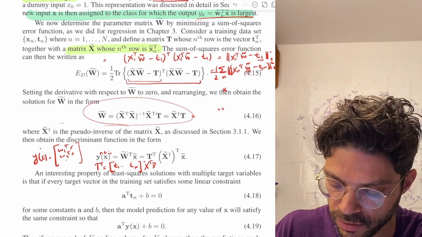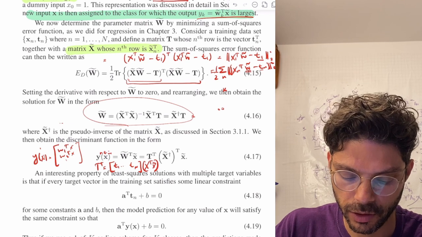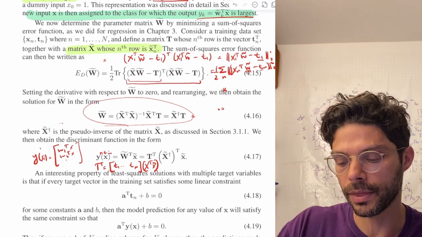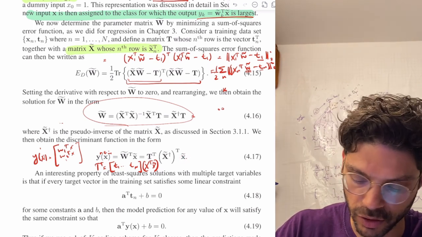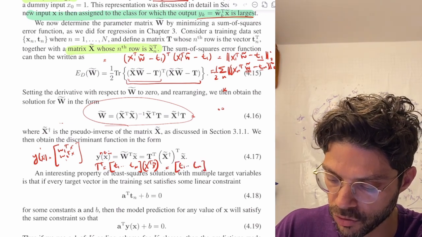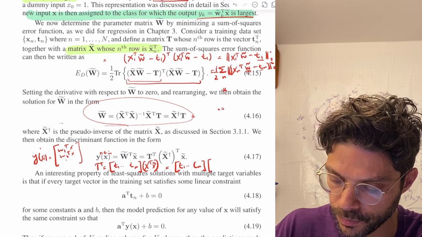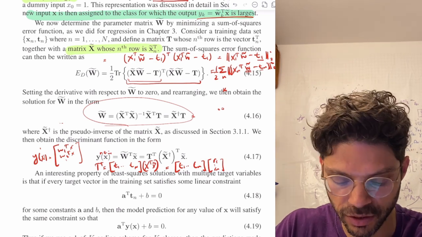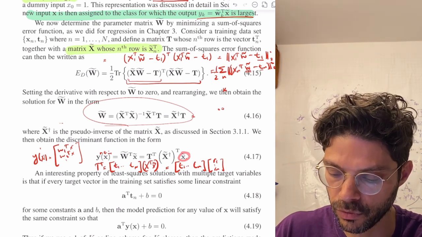Well, this term here is just how correlated our input is with each of the samples. Let's call this R1 to Rn. That is how similar our new point is to each of the samples.